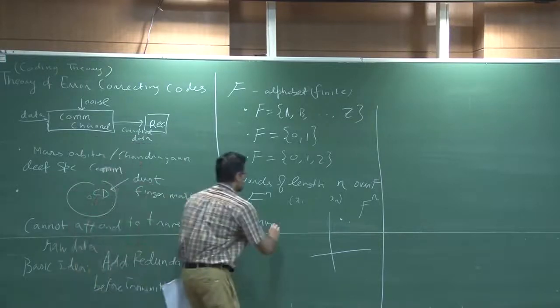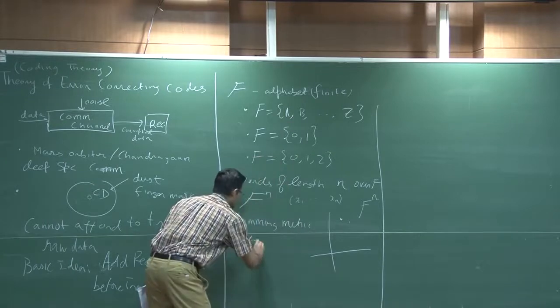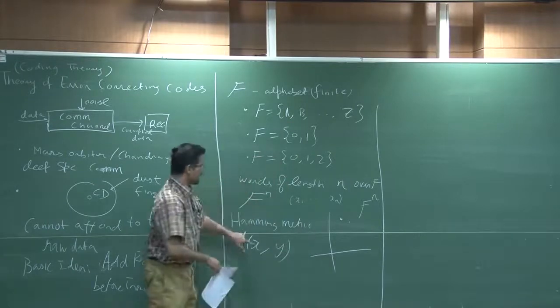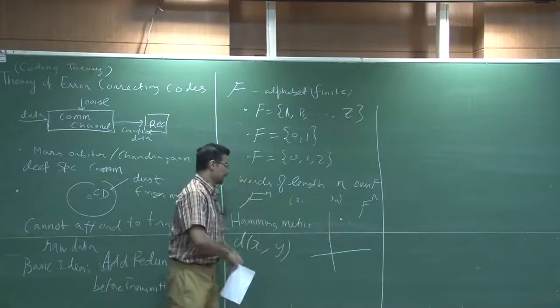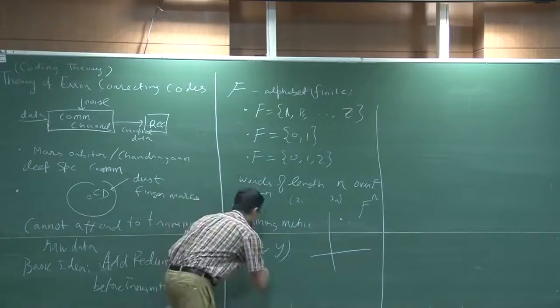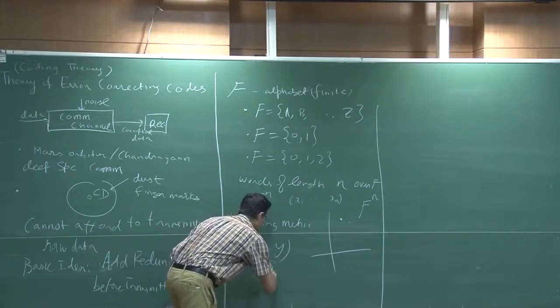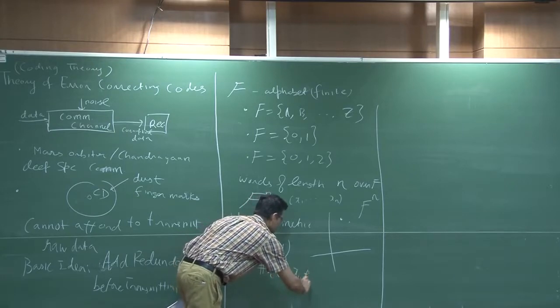So the Hamming metric is: you take two words. When I say x, I mean x1 up to xn. When I say y, I mean y1 up to yn. The distance d(x,y) is equal to the number of i such that xi is not equal to yi.